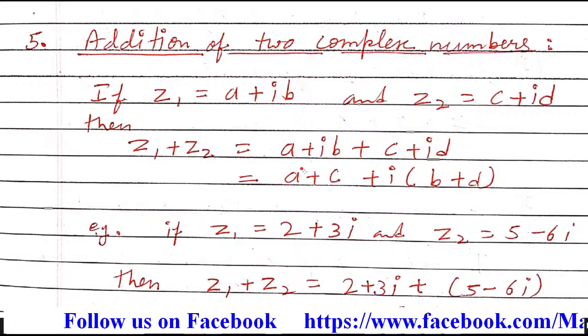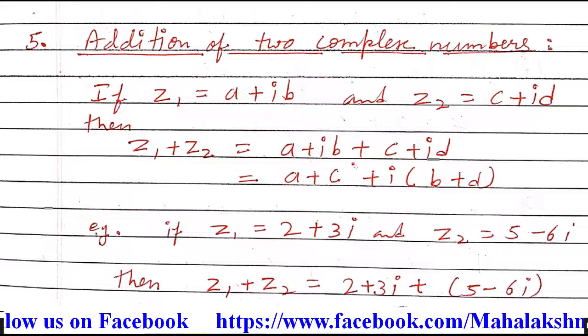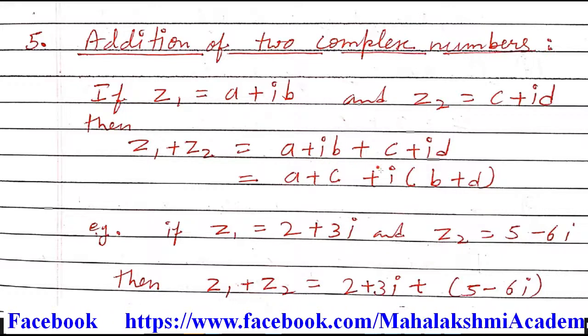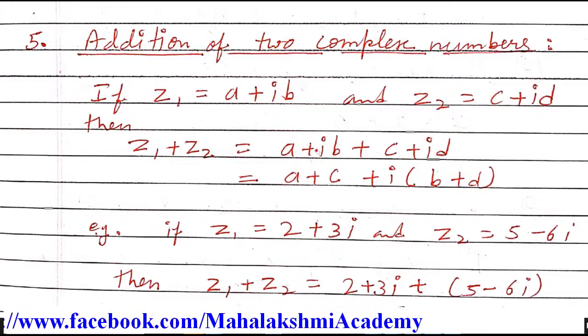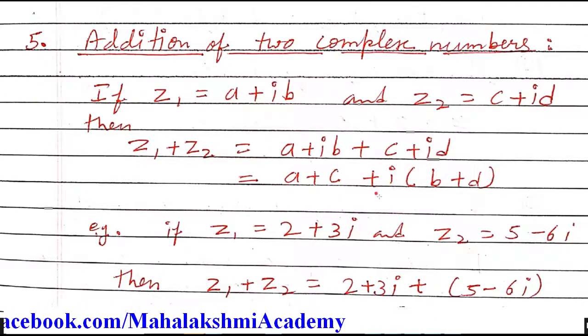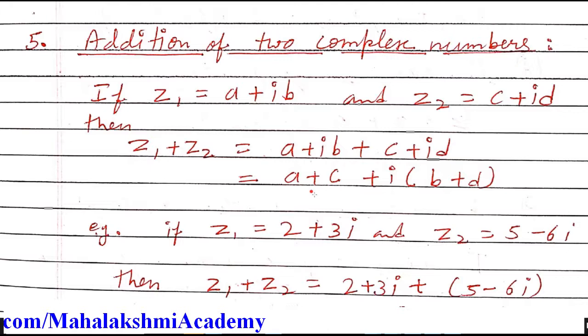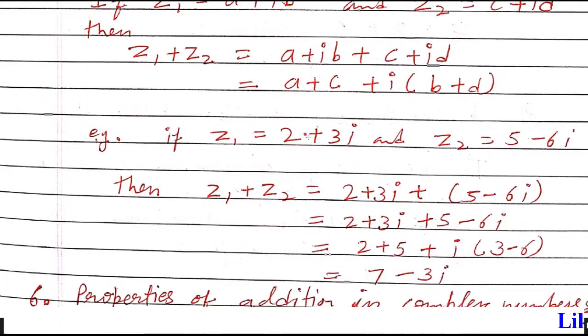Now here you can see a and c are like terms because they both do not have iota, so bring them together, and in iota b and iota d, iota is common, so take iota common. So this is the formula for adding two complex numbers. Add the real part with the real part and the imaginary part with the imaginary part, and just take iota common. Like if we have to add z1 and z2, this is the process.